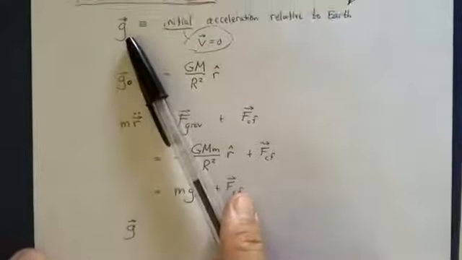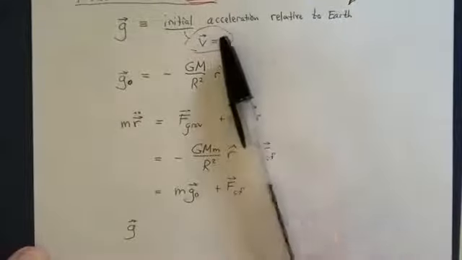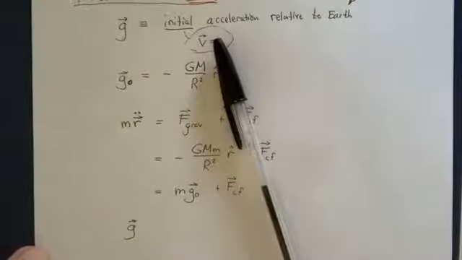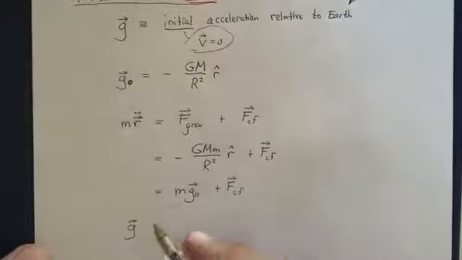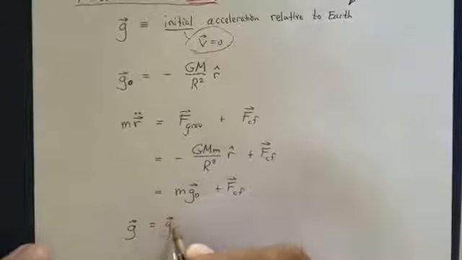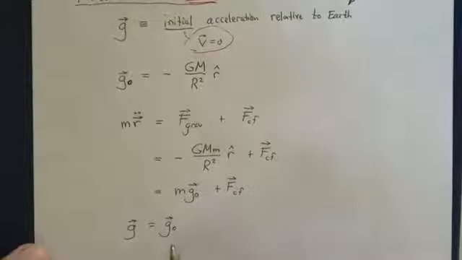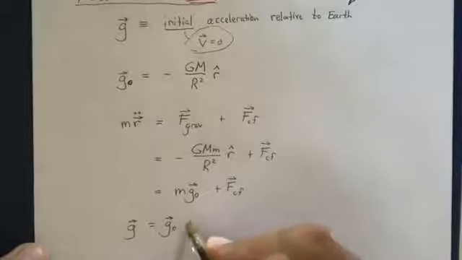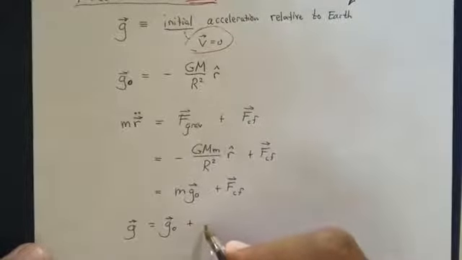This G, this initial acceleration, what we're talking about now is a very precise result for this G. G is equal to the G naught. G naught points at the center of the Earth. And here's the small correction. And it's omega squared. That's remarkable.